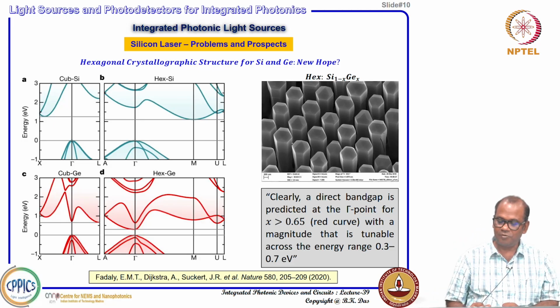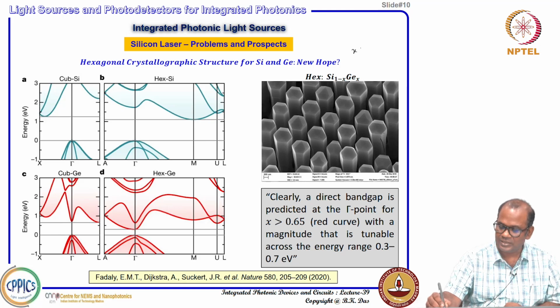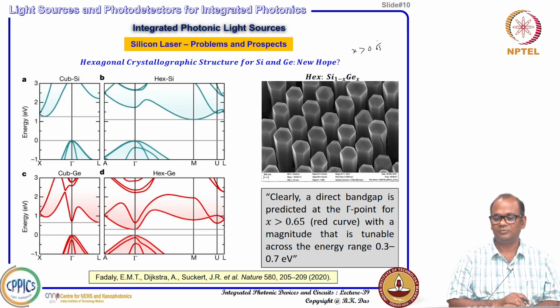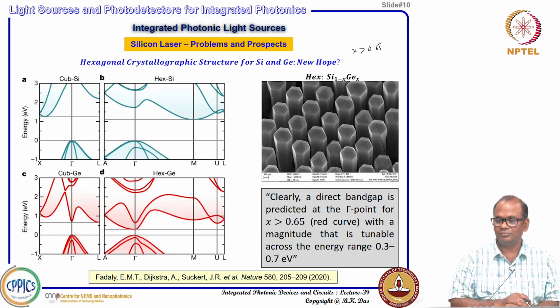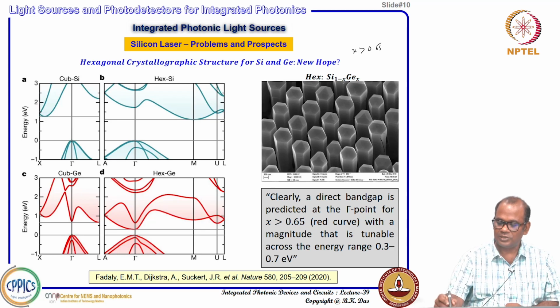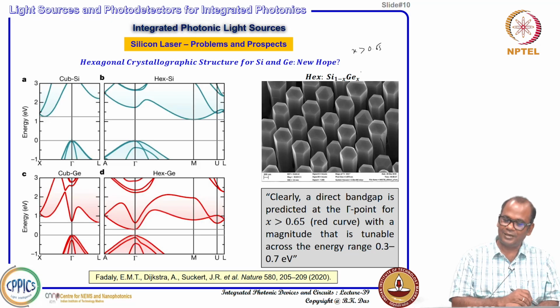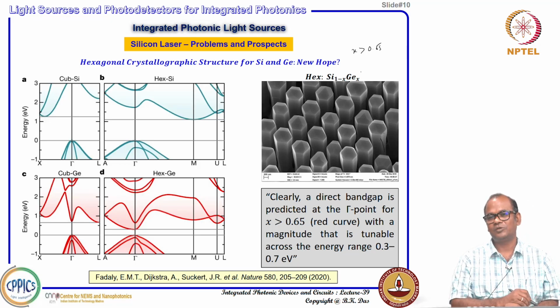And it has been shown that if X is somehow greater than 0.65, that means if the germanium content is more, with the silicon fraction reduced, then band gap engineering is possible. At the same time, you can get a direct band gap semiconductor.